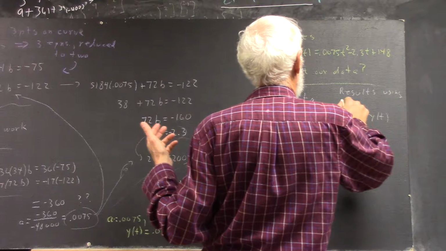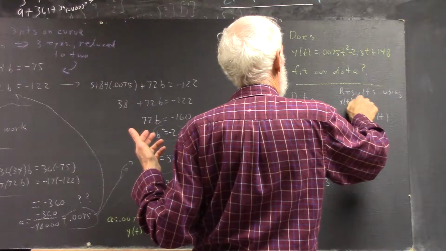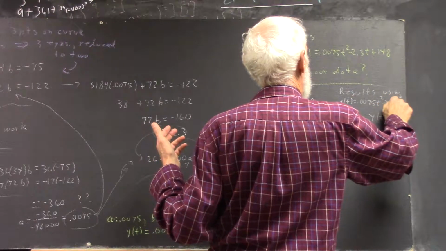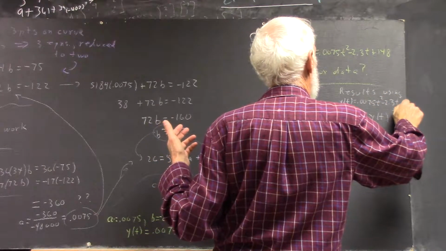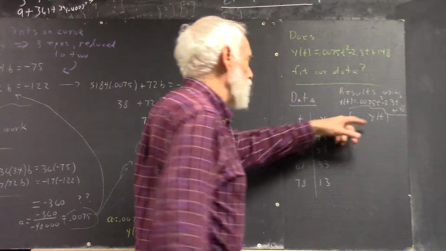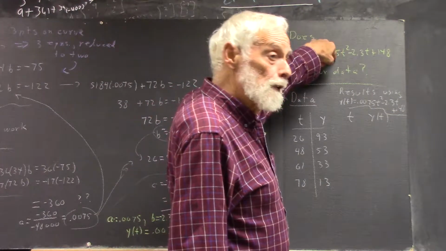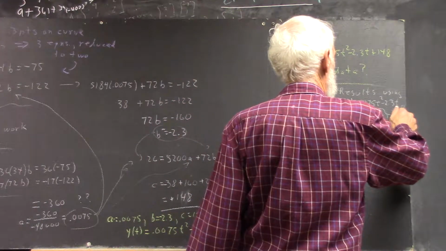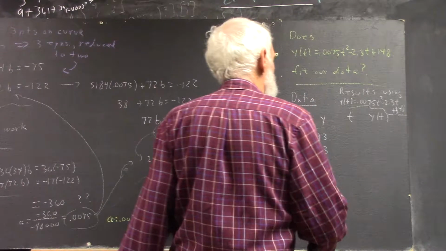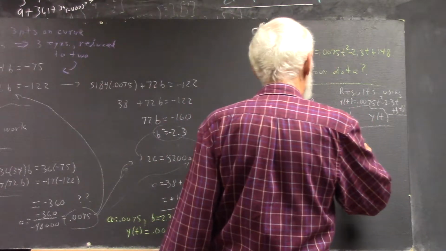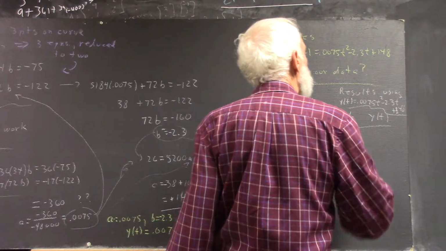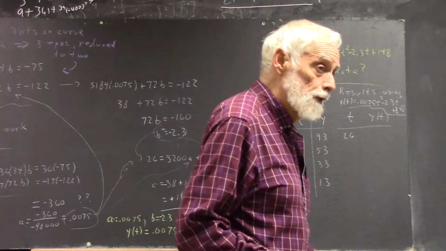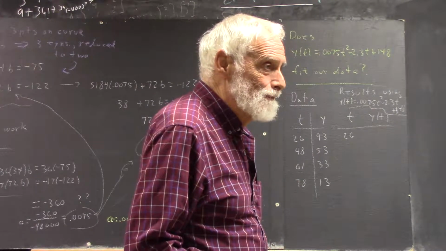find our results using our function here. Well, if t is 26, t squared, everybody knows, is 676. Everybody knows that, right?